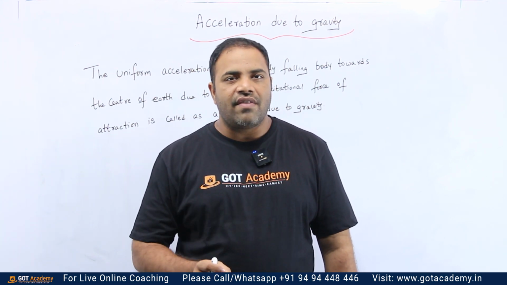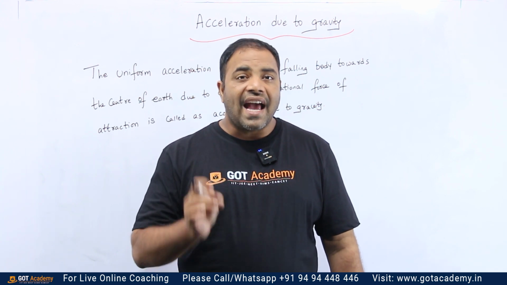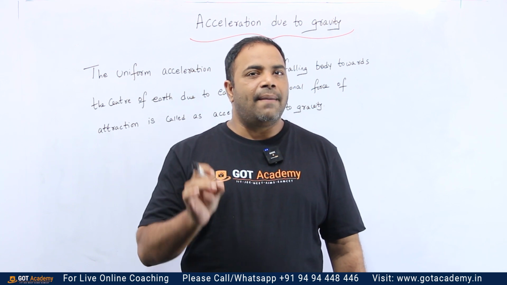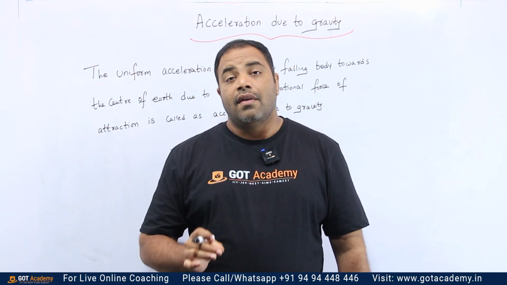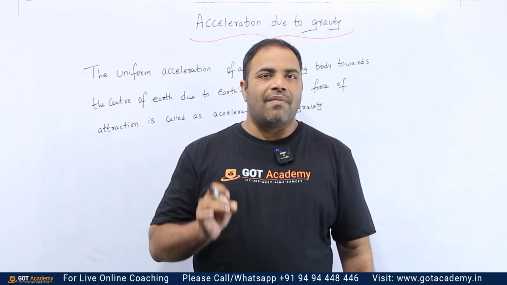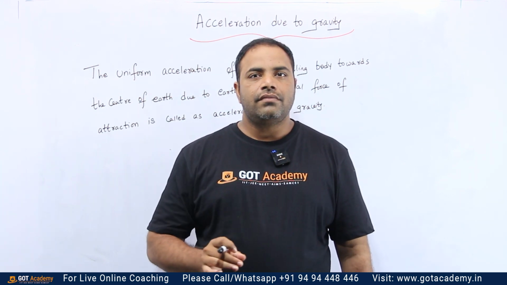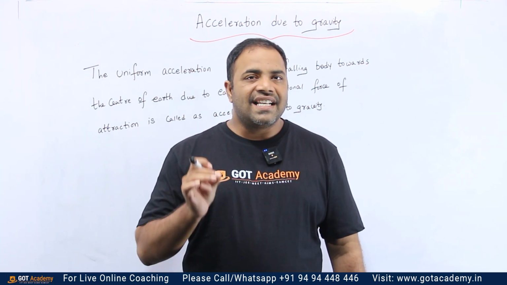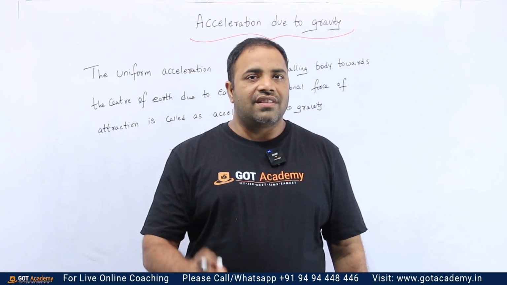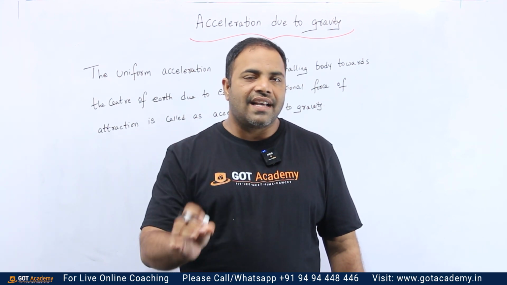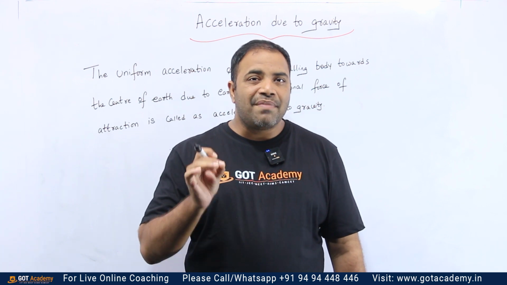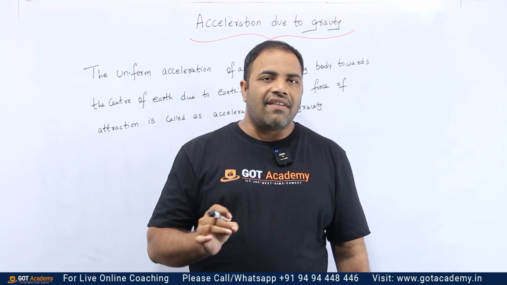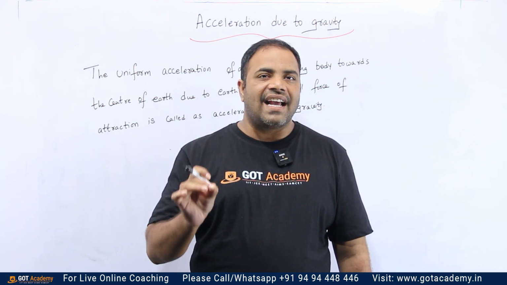The acceleration due to gravity is maximum at the poles of earth, which is equal to 9.83 meters per second square, whereas its value is minimum at the equator of earth, that is 9.78 meters per second square.